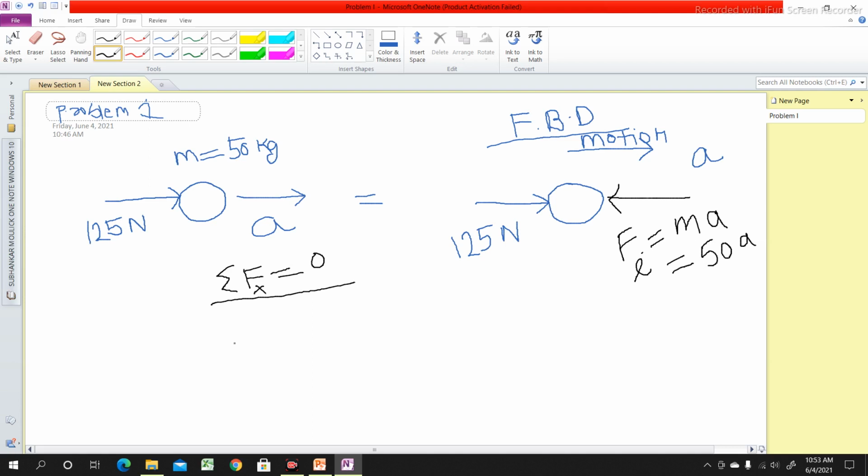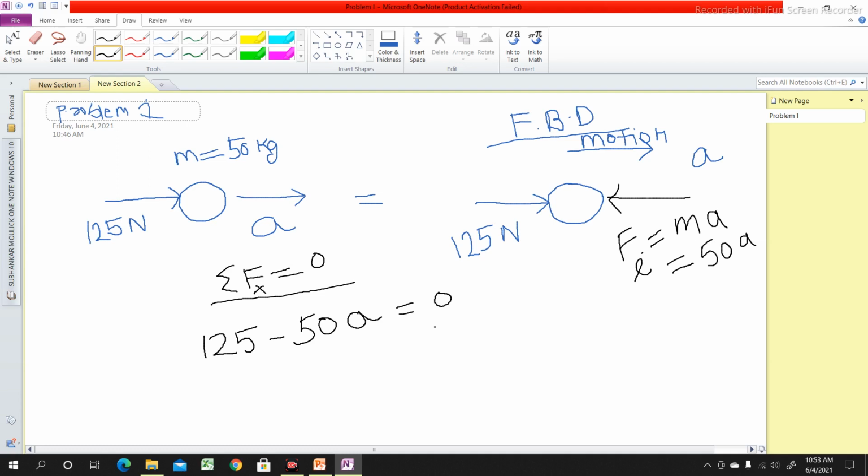It is 125 Newton acting in positive x direction minus inertia force Fi, which is m into A, that is 50 into A. No other forces are present along x direction. It will be equal to 0.